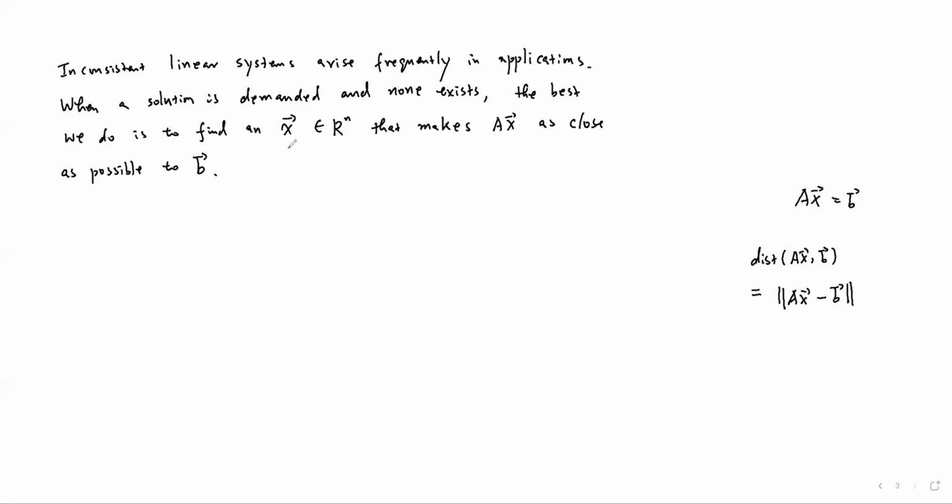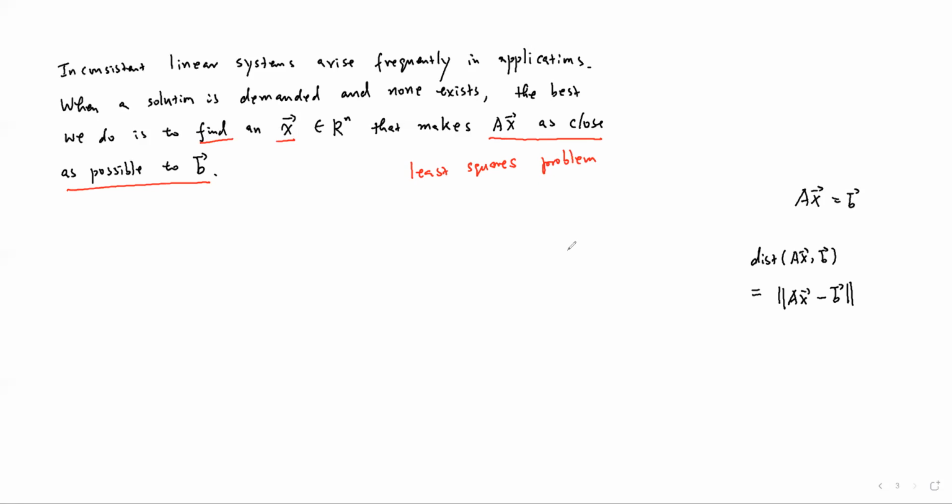This problem, finding x so that the left side is as close as possible to the right side, we call the least squares problem.